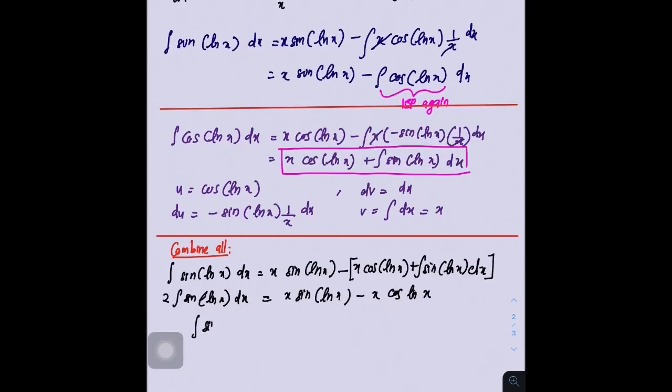Therefore, the integral of sin ln x dx is equivalent to 1 over 2 of x sin ln x minus cos ln x. So this is your final answer.